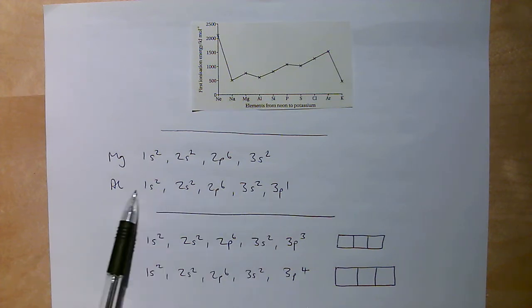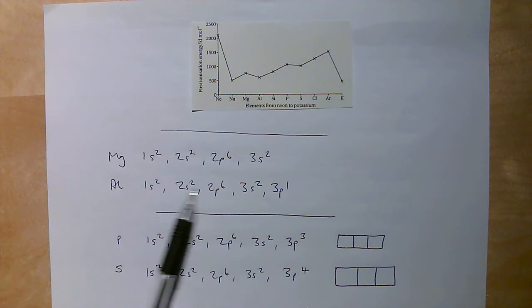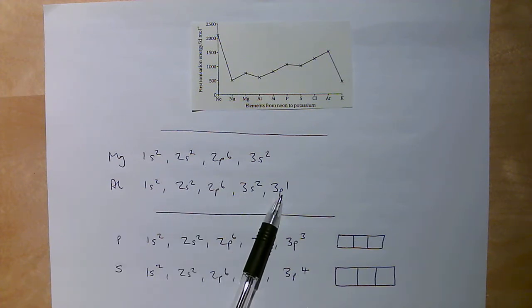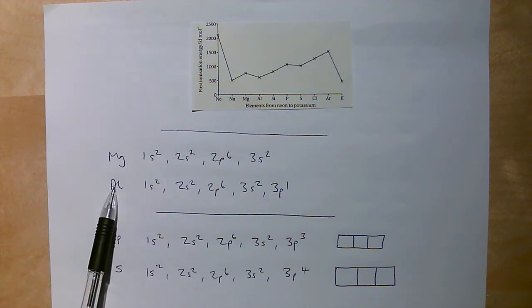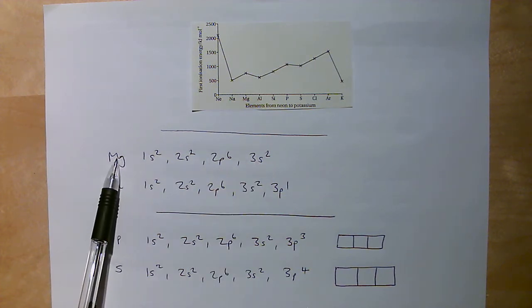So in aluminium, my outermost electron, i.e. the electron that will be lost when aluminium forms the Al+ ion, is in a 3p subshell, which is more shielded from the aluminium nucleus than an electron being removed from a 3s2 subshell in magnesium.